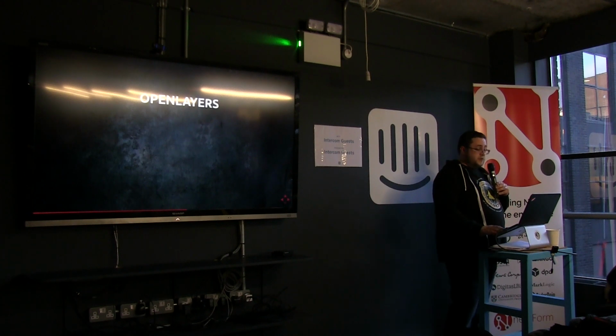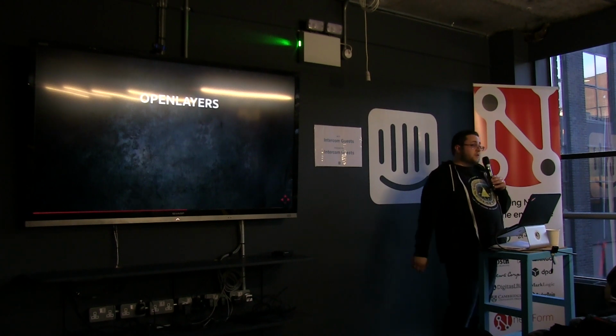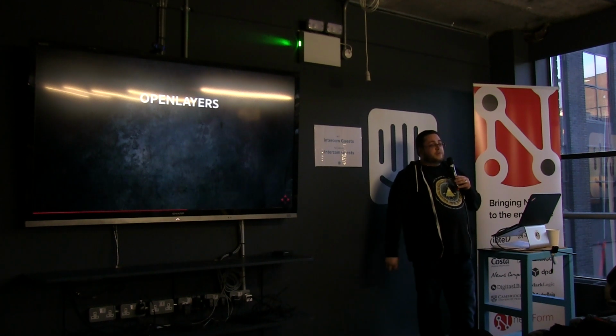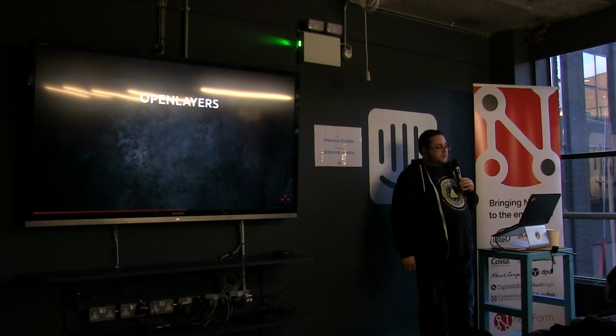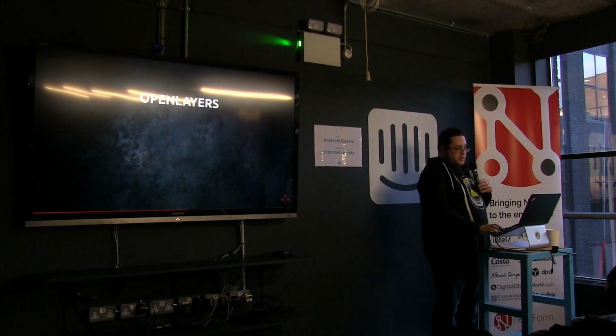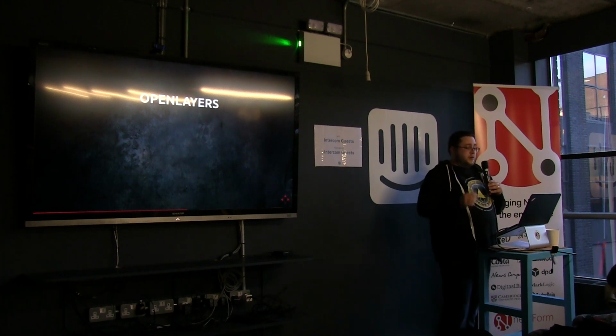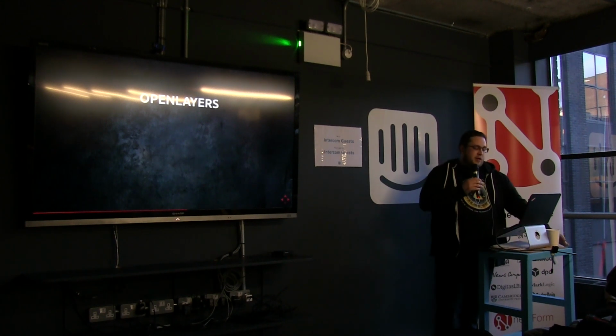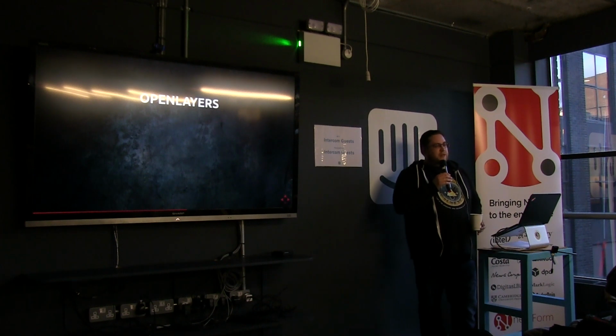OpenLayers in the front. We looked at other mapping libraries like Leaflet and so on, but because of the amount of data we see in Irish projections, Irish National Grid and so on, OpenLayers can handle that a lot better for us. The Ordnance Survey, their stuff comes in 2157, so the Irish Transverse Mercator projection. But just trying to get Leaflet to understand that was a world of pain.